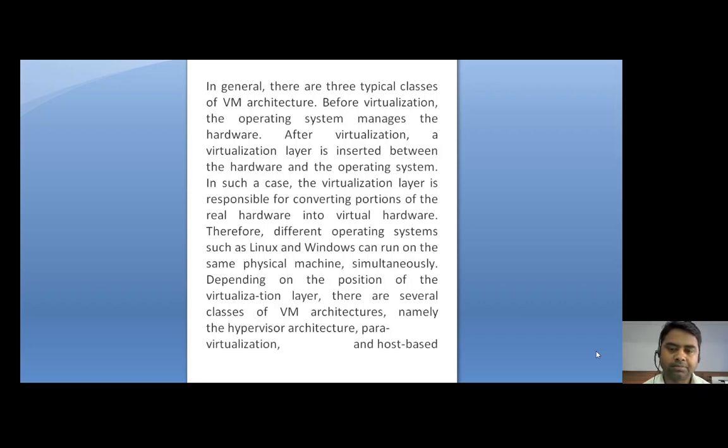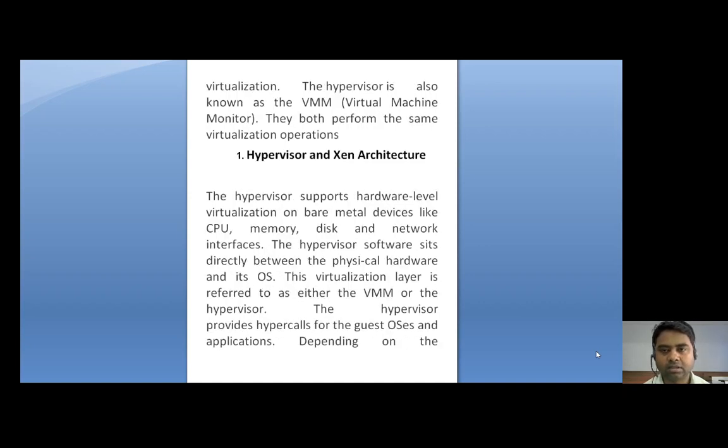Depending on the position of the virtualization layer, there are several classes of virtual machine architecture, namely the hypervisor architecture, para-virtualization, and host-based virtualization. The hypervisor is also known as a virtual machine monitor, VMM.